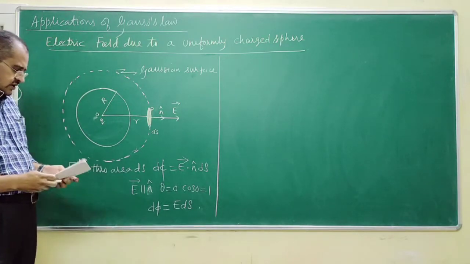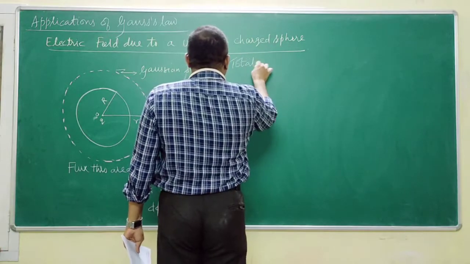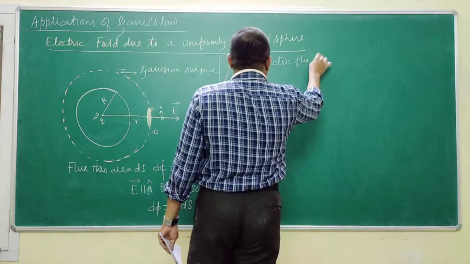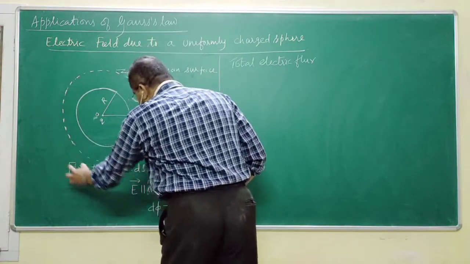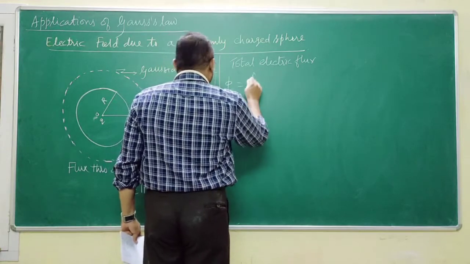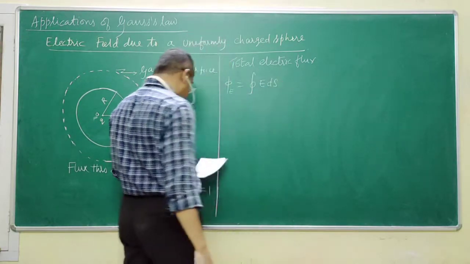Now we need to find out what is the total electric flux coming out of this entire Gaussian surface. Phi E is equal to integral E dS.